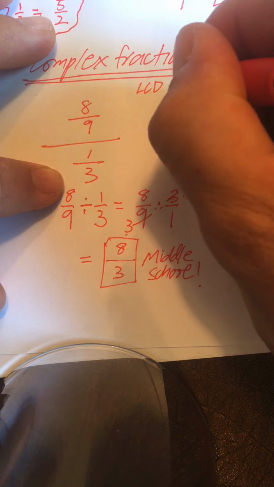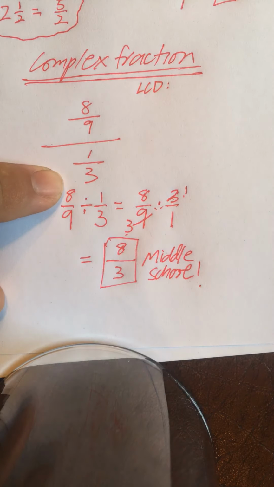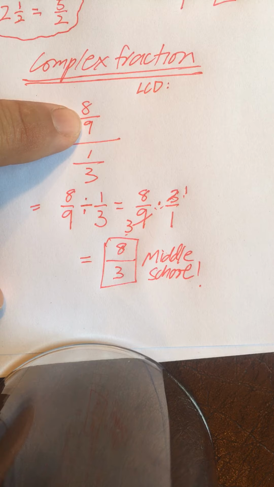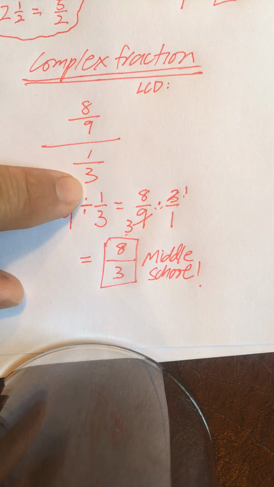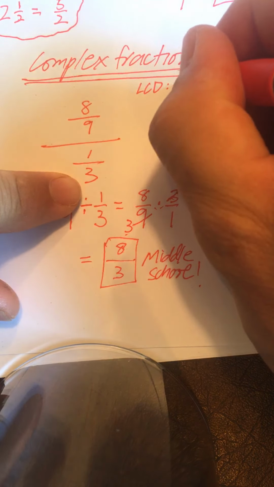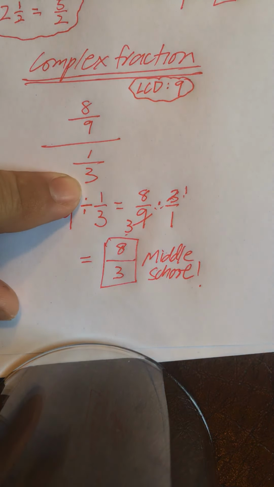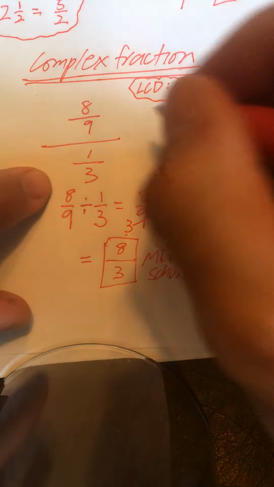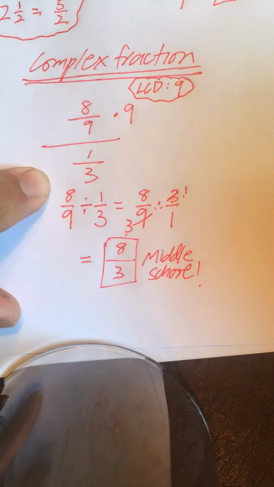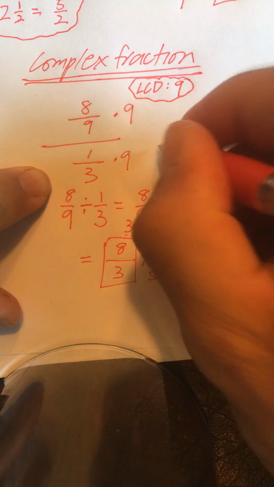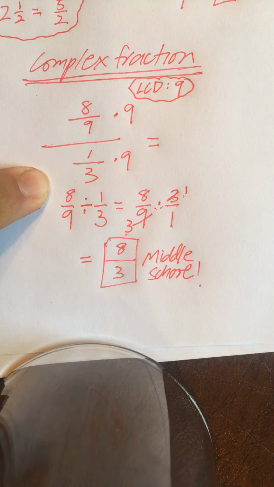Just like yesterday when we were adding and subtracting fractions, we're going to find the lowest common denominator between 9 and 3, which I know you guys know because I saw your work yesterday, it's 9. And what we're going to do with that LCD is we're going to multiply the top fraction by it and the bottom fraction by it. Okay, now watch how efficient and quick this is.